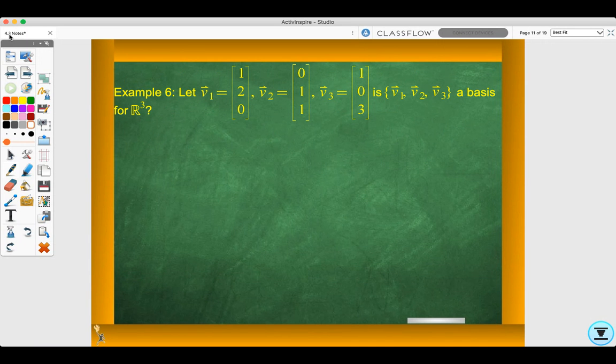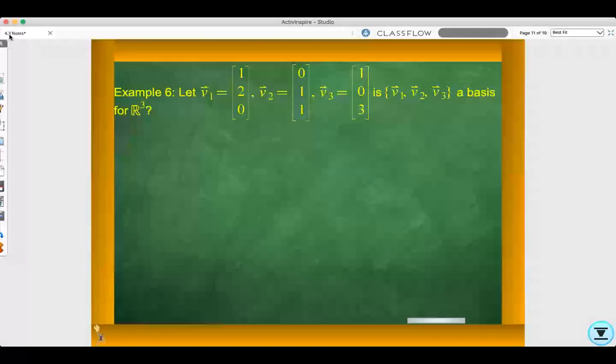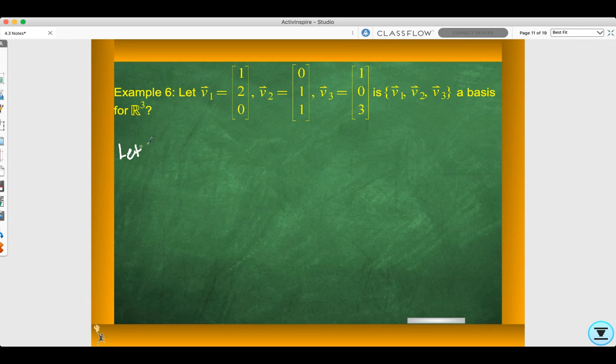Example 6. Let v1, v2, v3 be those vectors. Is v1, v2, v3 a basis for R3? So we're first going to let A be the matrix v1, v2, v3.